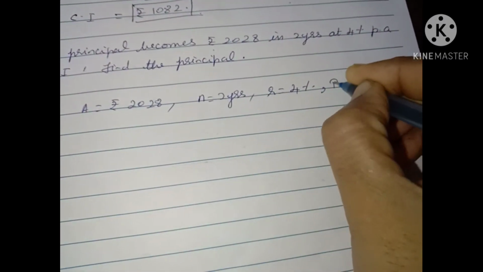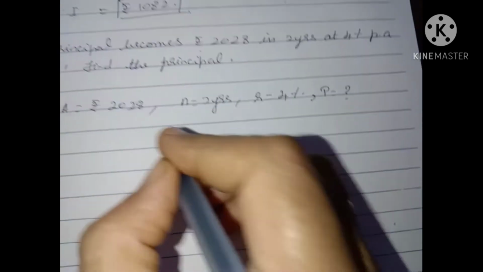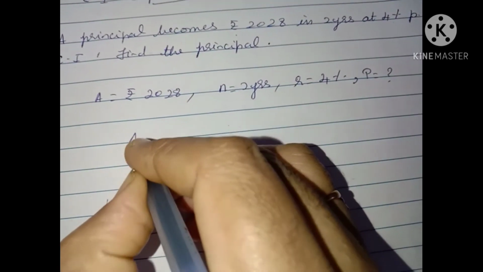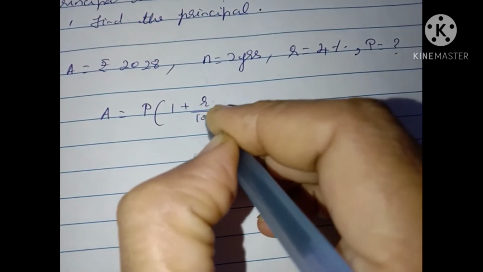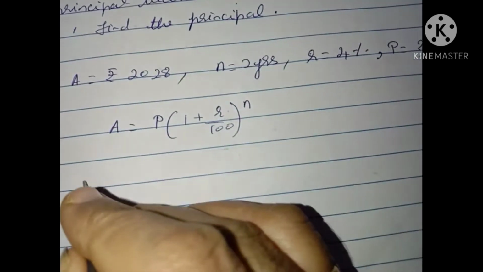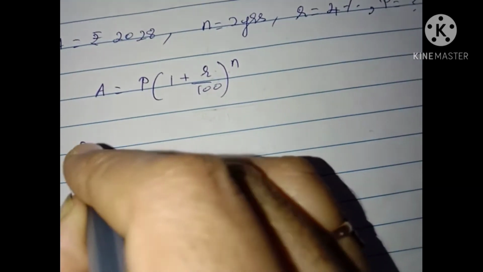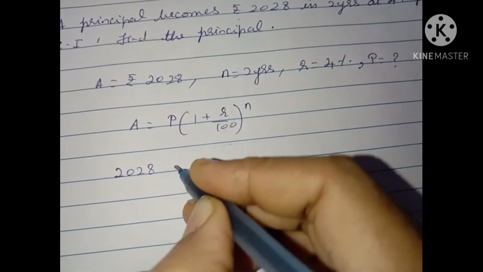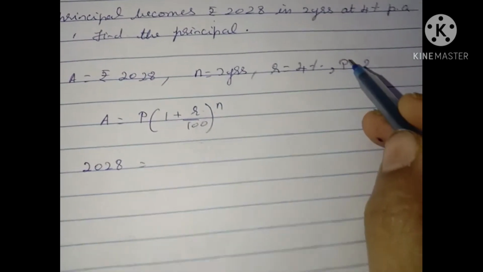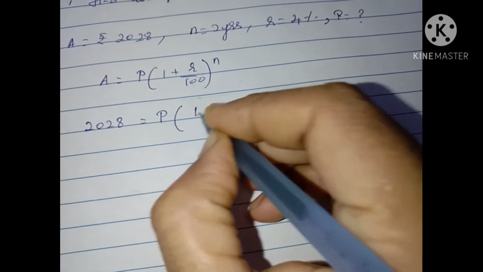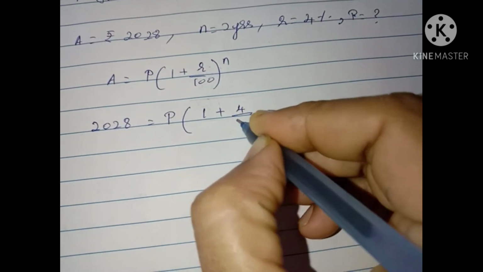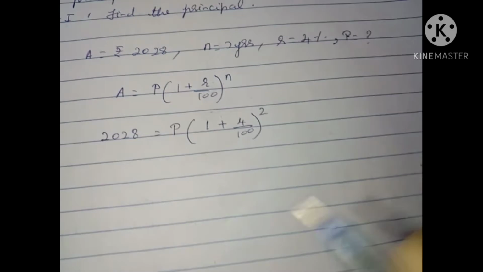P we are going to find out. A is equal to P into (1 plus R by 100) the whole power N. A value is 2028 is equal to P, whose value we don't know so write as it is, into (1 plus 4 by 100) the whole power 2.